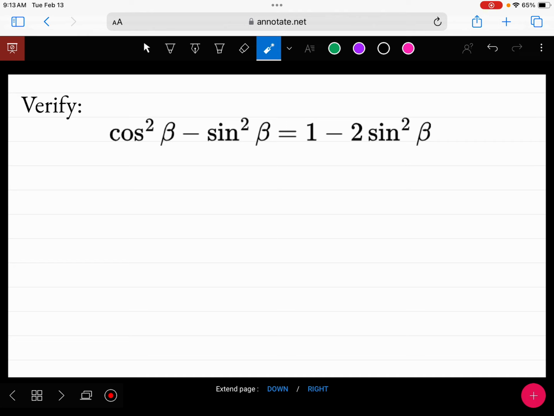Next one. We've got cosine squared of beta minus sine squared of beta equals 1 minus 2 sine squared of beta.